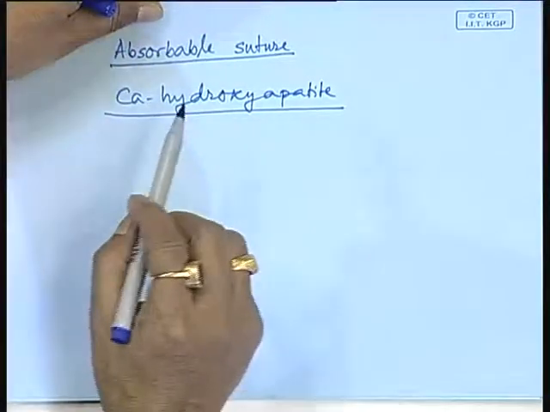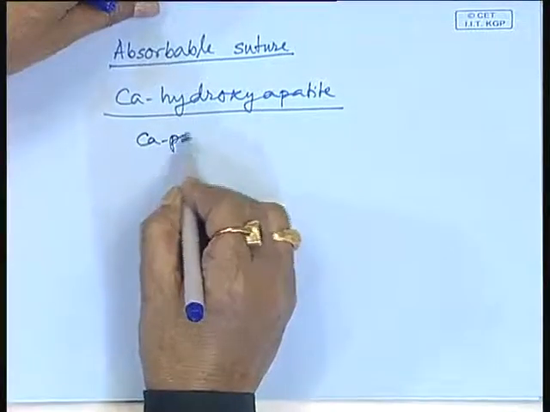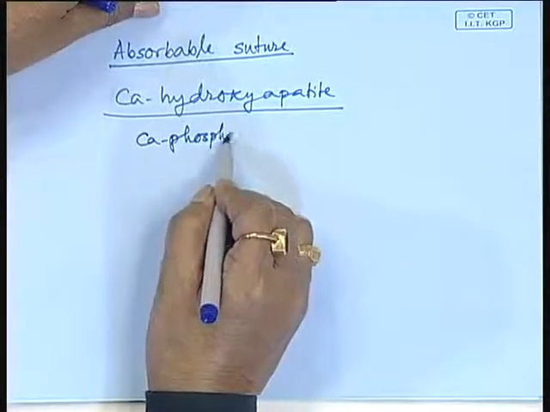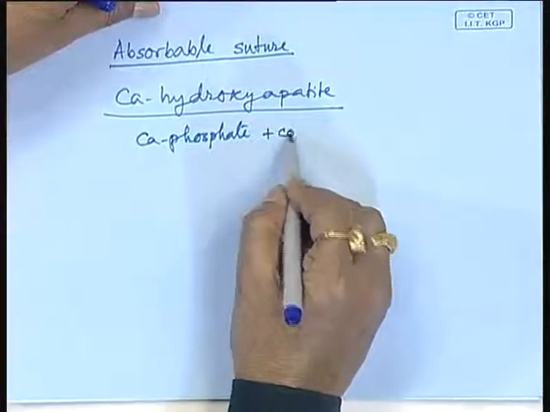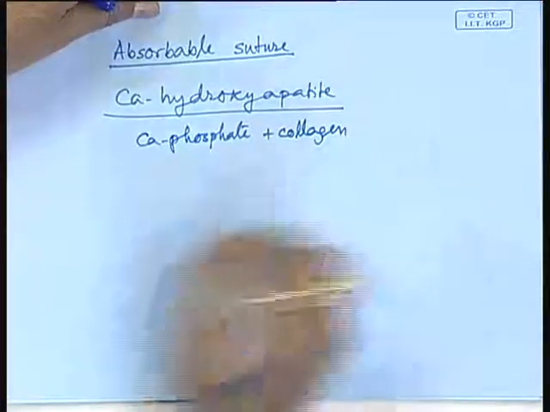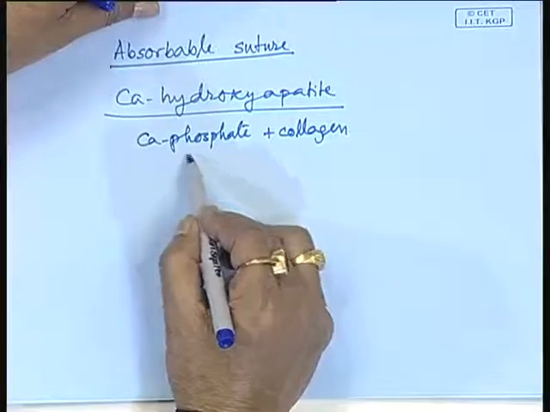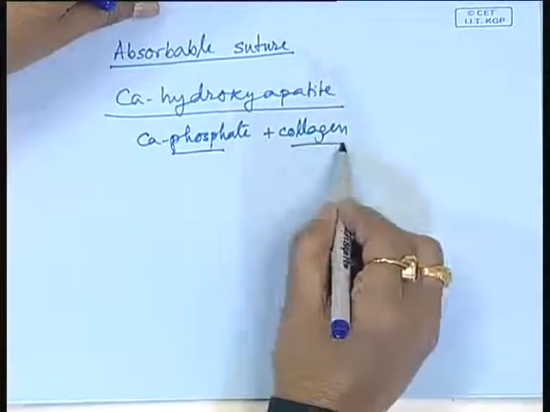Now, if a skeleton or a porous scaffold is made from this, or a composite is made from this calcium hydroxyapatite or bioglass or calcium phosphate using collagen as the matrix, this is the reinforcement, this is the matrix.